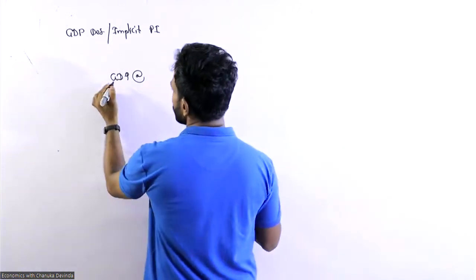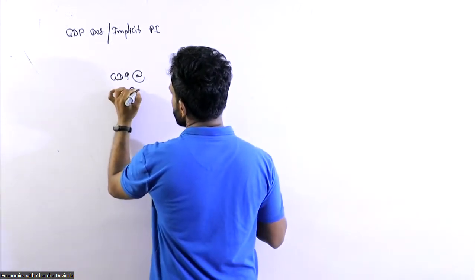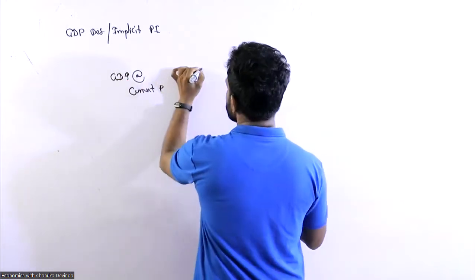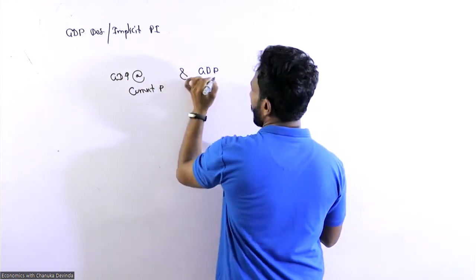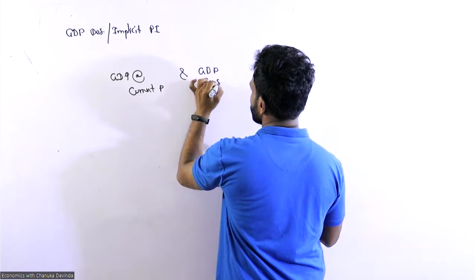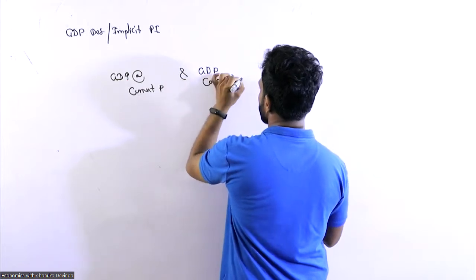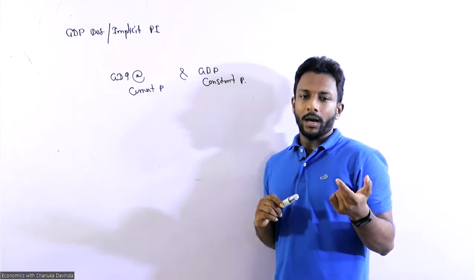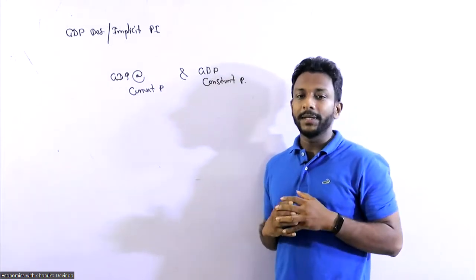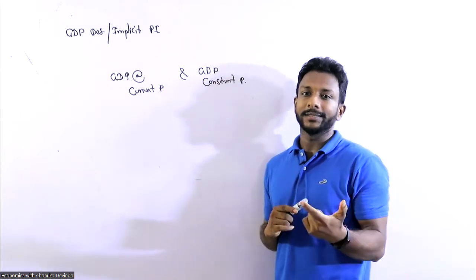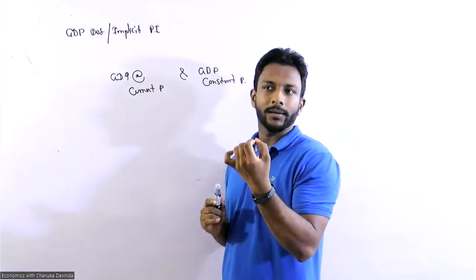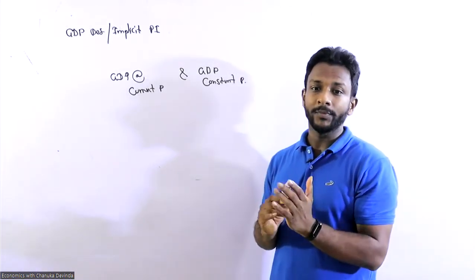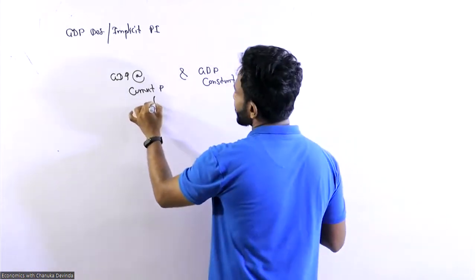we have both GDP at current price and also GDP at constant price. So what does the GDP deflator mean? It depicts that we can identify the incremental of the price level.